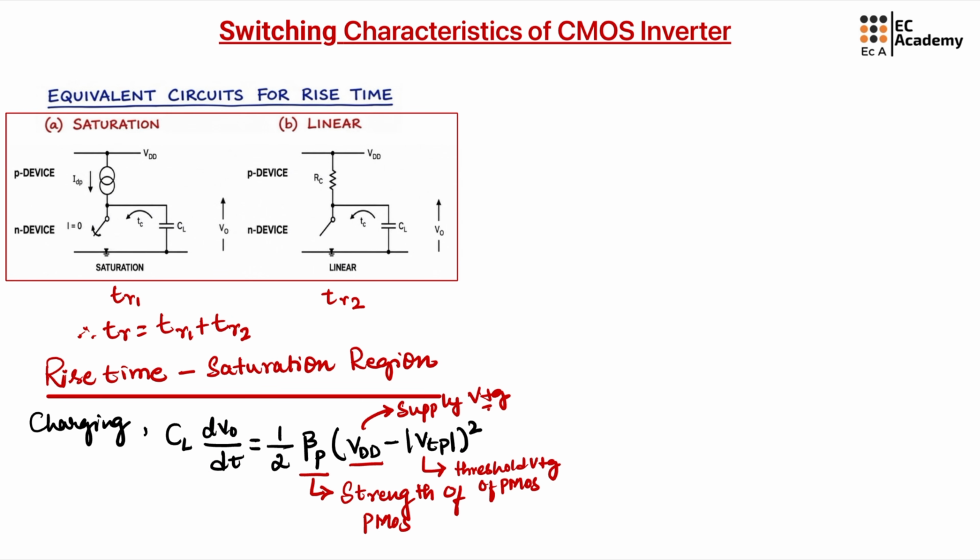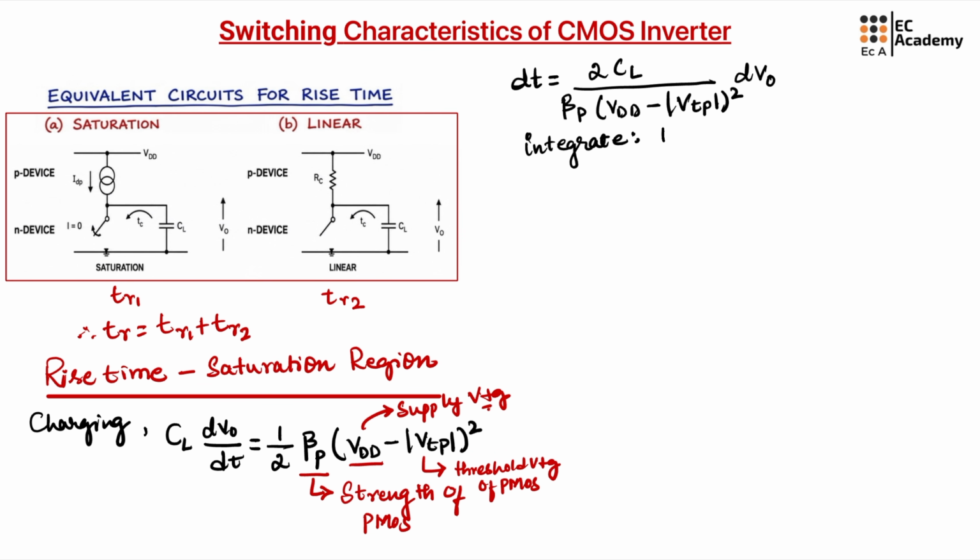Therefore, we can write dt will be equal to 2CL divided by beta P into (VDD minus absolute value of VTP) whole square dV0. Now let us integrate by taking the limit t is equal to 0 to t is equal to TR1 for time and for voltage V0 is equal to 0.1 VDD to VDD minus absolute value of VTP.